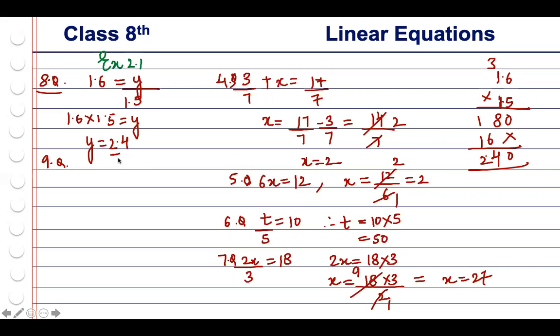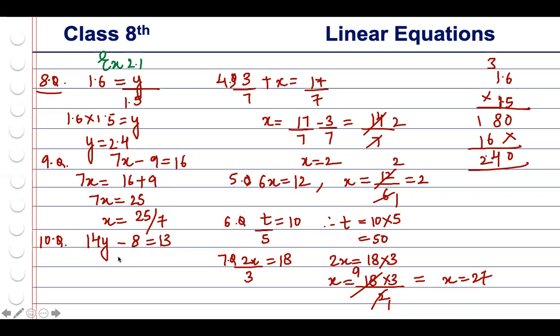Coming to the ninth question, 7x minus 9 is equal to 16. I transpose this 9 to the other side. I get 16 plus 9. 7x is equal to 25. x is equal to 25 upon 7. And the last question for today, the 10th question. 14y minus 8 is equal to 30.